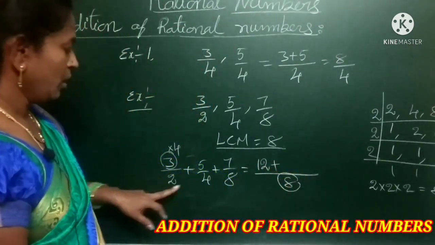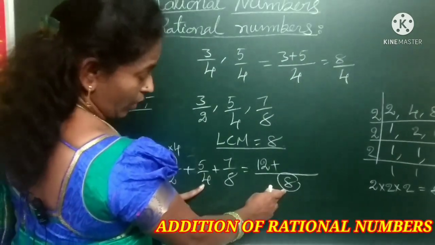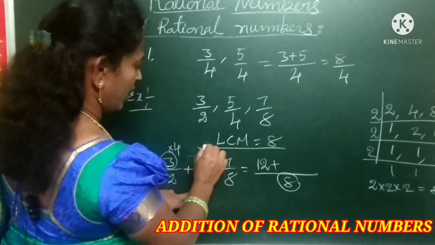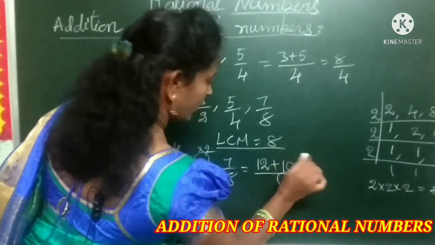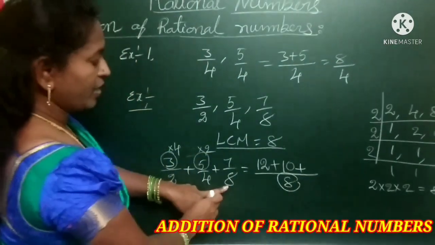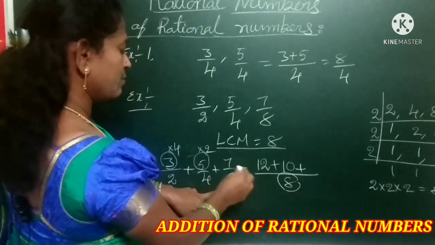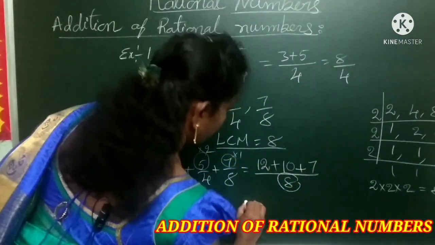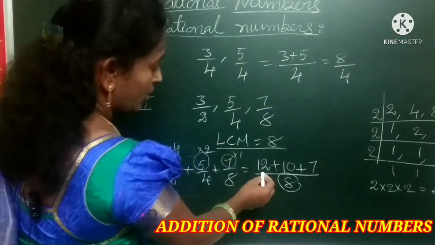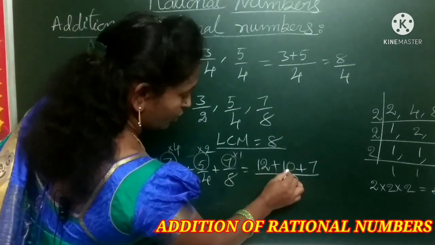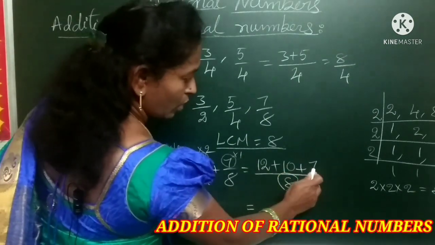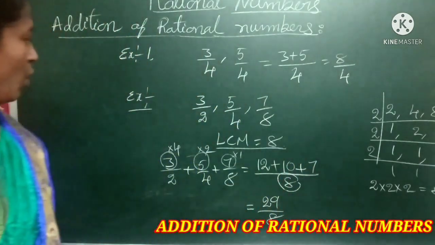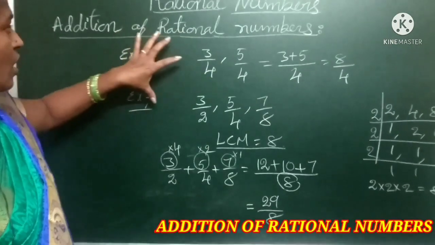Next one, 4 is in 8 two times, so 2 is multiplied with the numerator 5: 2 fives are 10. Plus next, 8 is in 8 one time, so 1 is multiplied with the numerator 7: 7 ones are 7. That is equal to adding the numerators: 12 plus 10 is 22, plus 7 is 29 by 8. Okay, this is addition of rational numbers.